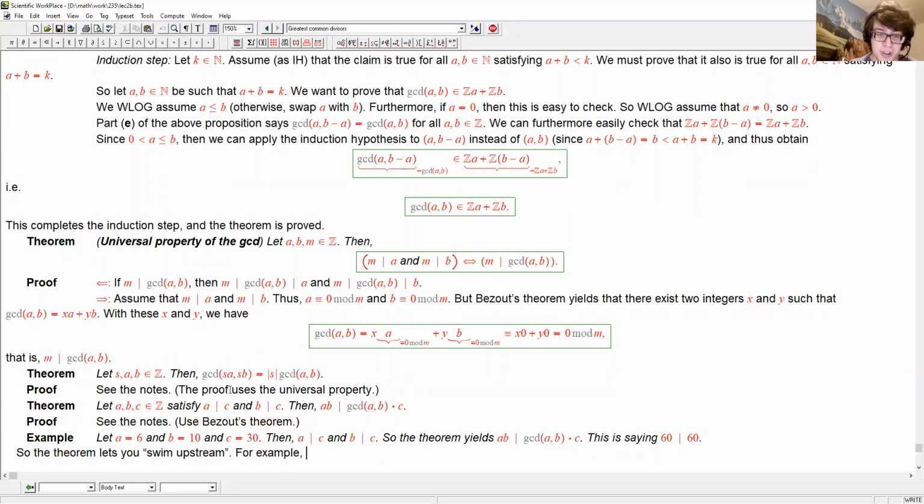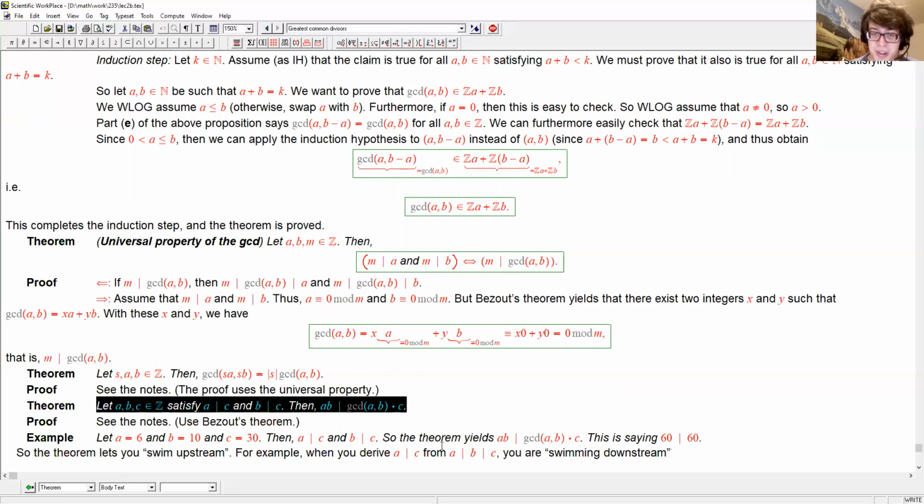So for example, when you derive A divides C from A divides B divides C, you're swimming downstream, because this divisibility is weaker than these two, usually. I mean, of course, if one of them is an equality, then you're not swimming anywhere. But when you're applying this theorem, you can usually get stronger divisibilities out of weaker ones. This is always good when you want to start with some weak divisibilities and get a strong one. You should think of this theorem.